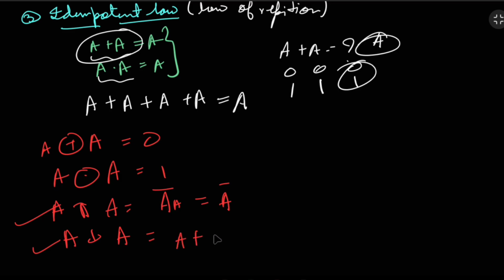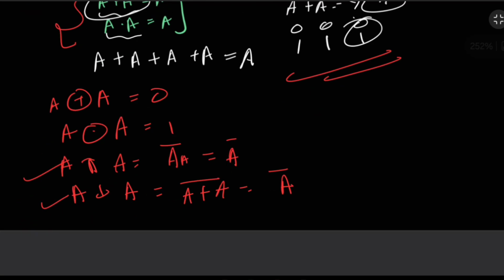First you do OR, then you find complement. So this will be the idea. This is the law of idempotent. These two things are called idempotent law. And the proofs are very easy. These are the proofs only. Alright, the thing that you have understood.